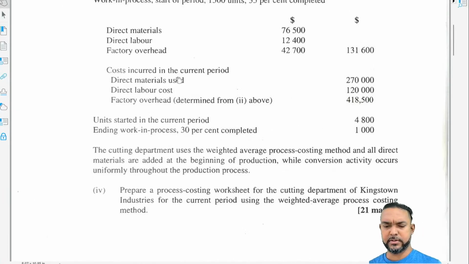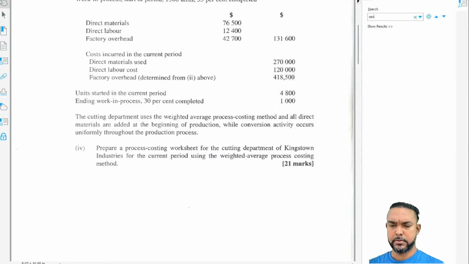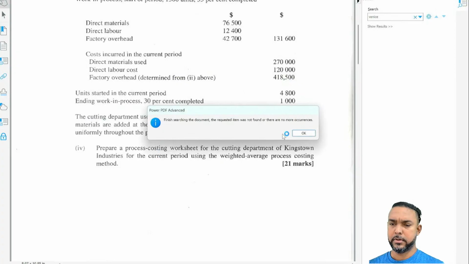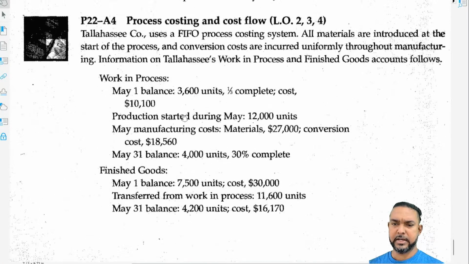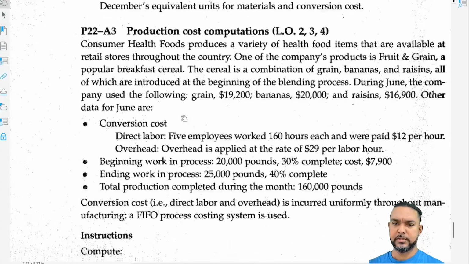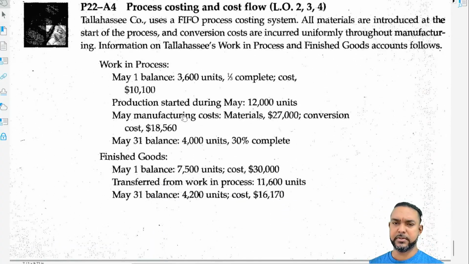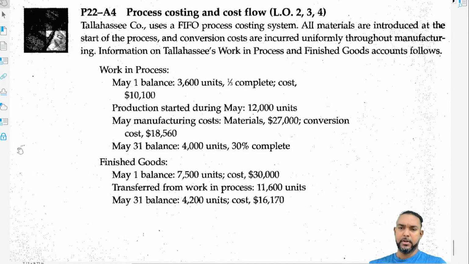I wonder if it's across here. No, it's not. All right, cool. Tallahassee is an easy one because everything fits on one page. Okay. Finished goods.